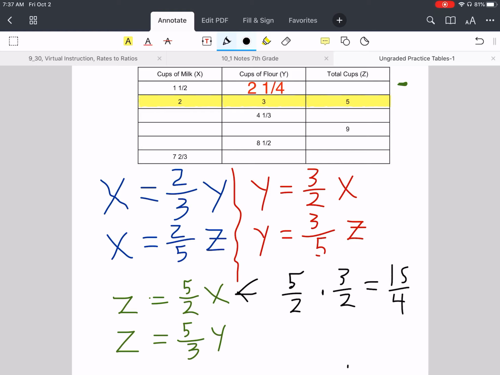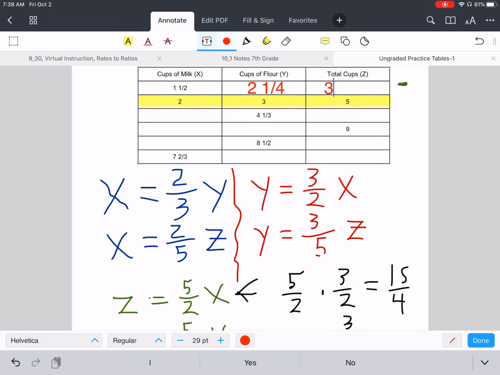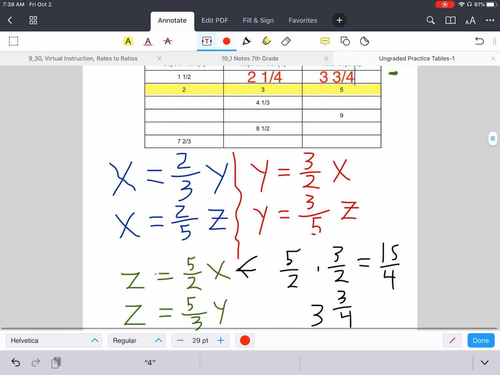We know 4 can go into 15 3 whole times, and there are 3 left over. So we have a total of 3 3/4. I'm going to type that here, 3 3/4. And we are done with the top row.